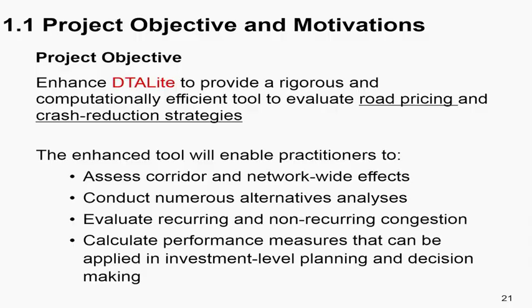We try to enable a very mathematically rigorous and also computationally efficient tool to evaluate many pricing and work zone applications. By doing so, we try to enable practitioners to assess corridor-level and network-wide effects, do many alternative comparisons, and analyze the corresponding recurring or non-recurring congestion.